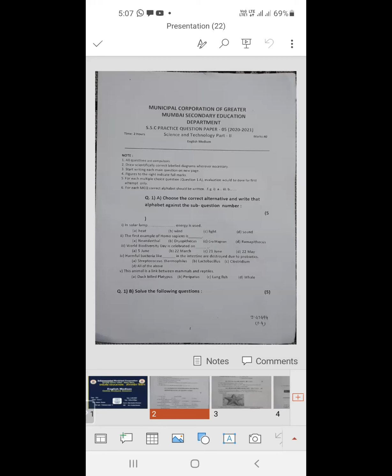Some instructions are given which you have to follow. What instructions are given here? That all questions are compulsory.